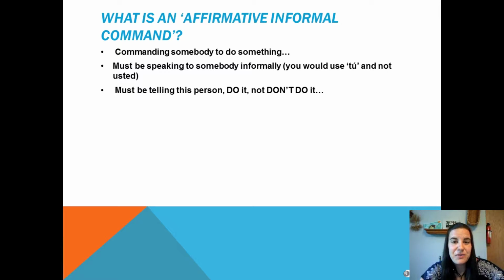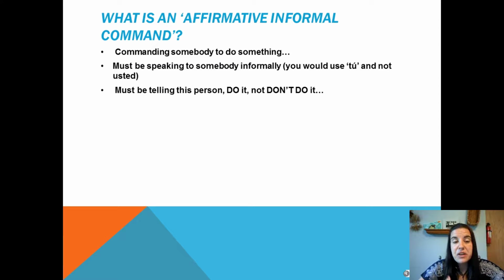So what is an affirmative informal command? Basically, you're telling somebody to do something. It's a command. Do something. The informal part is that you have to be speaking to somebody informally. In other words, somebody that you would be referring to in the tú form, not in the usted form, because the usted form would take a different form in Spanish.